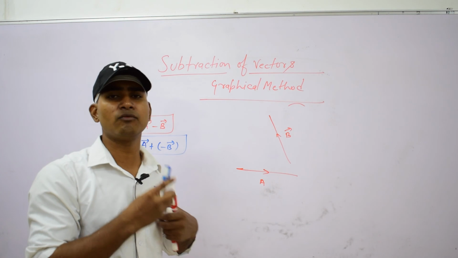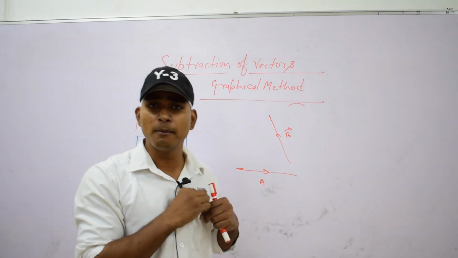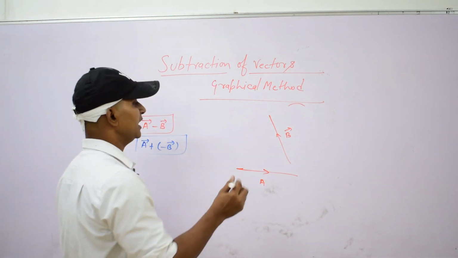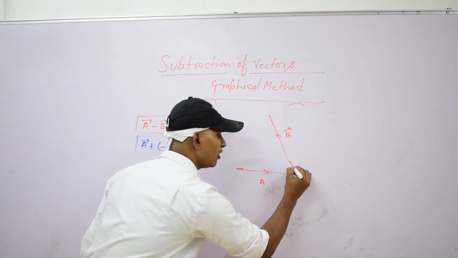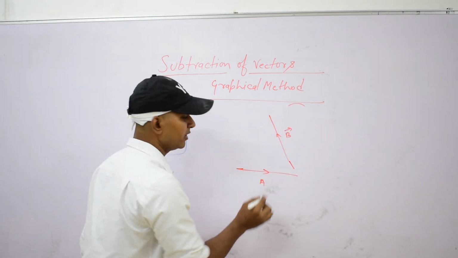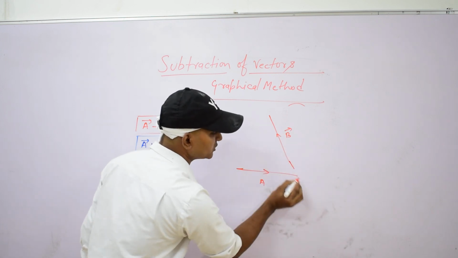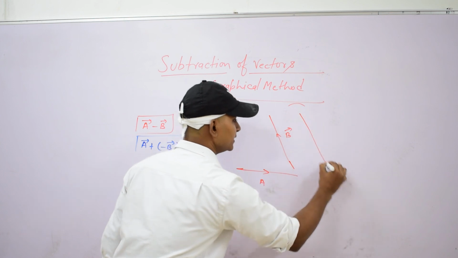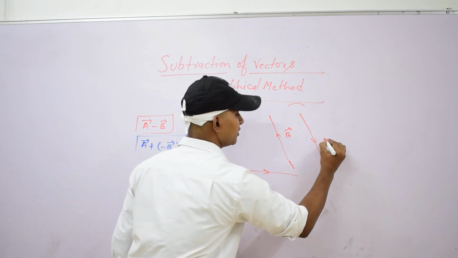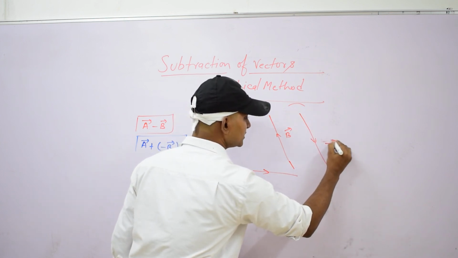So just see here what is the significance of this minus B vector. Let's suppose the direction of vector B is this, so the direction of minus B will be just the opposite direction of this particular vector B, like this. This is the direction of minus B.